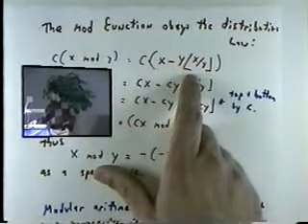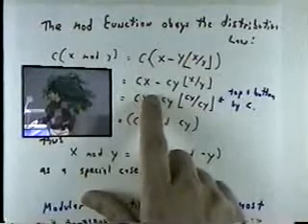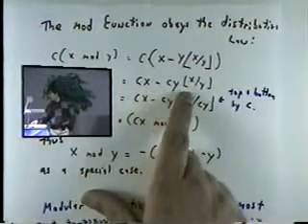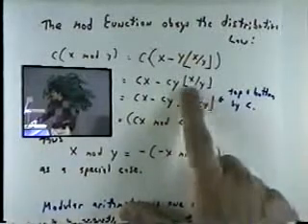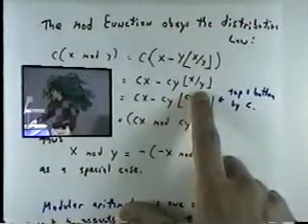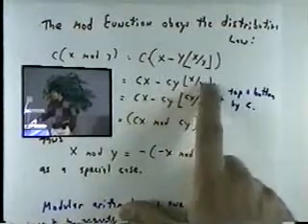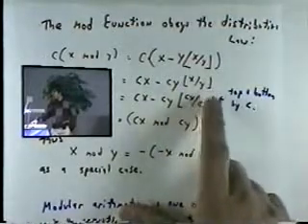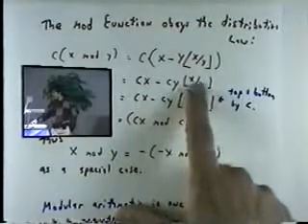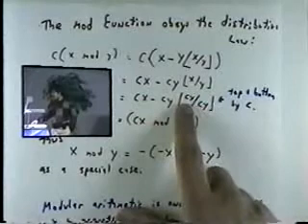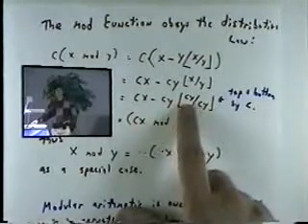C times this, we can certainly multiply this out. It's Cx minus Cy times that. Within the floor, we can't just move in the C and multiply that thing out. But what we can do is multiply the fraction inside here by C over C. That doesn't actually change the value of this thing.